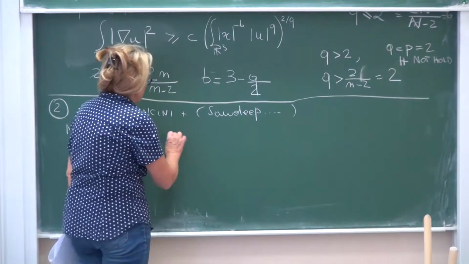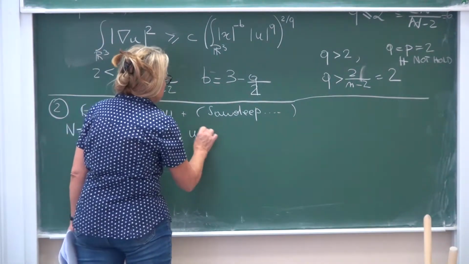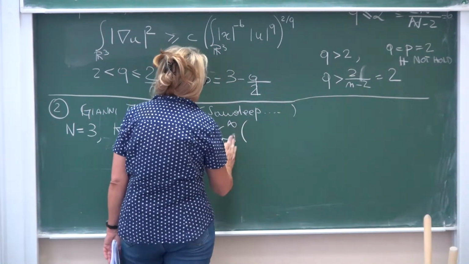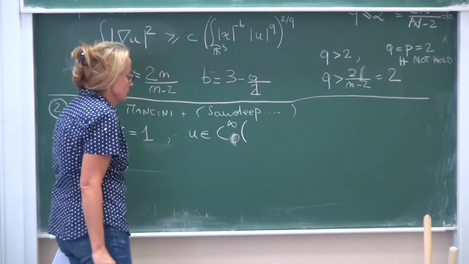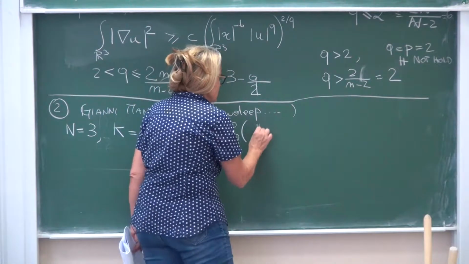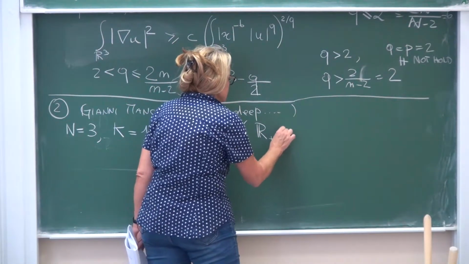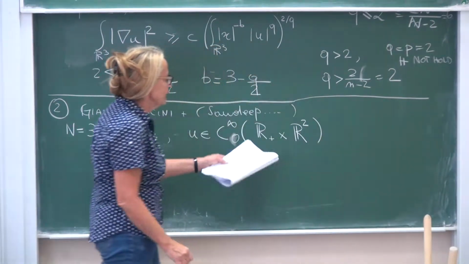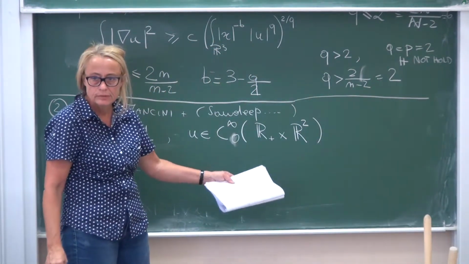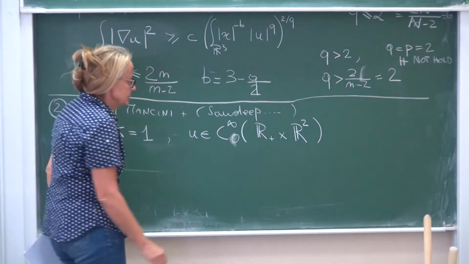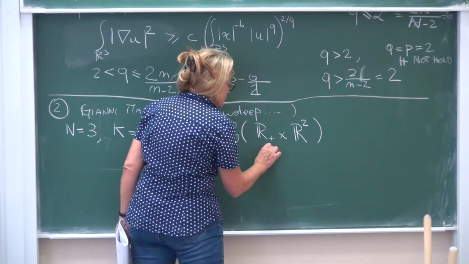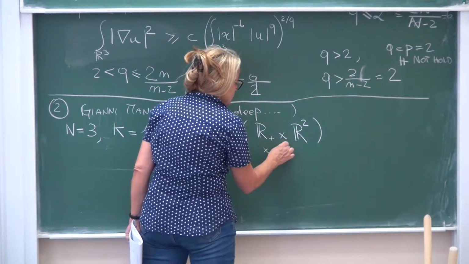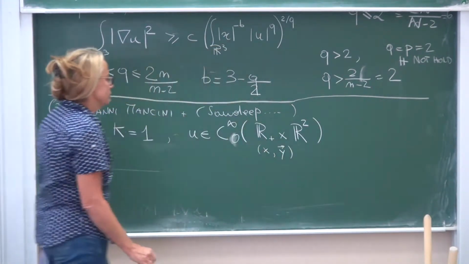So, for instance, we can restrict our attention to C infinity functions with compact support in R plus times R2, because now Rk is R. But the singular set disconnects the domain. So now x is a positive real number and y now is a vector in R2.